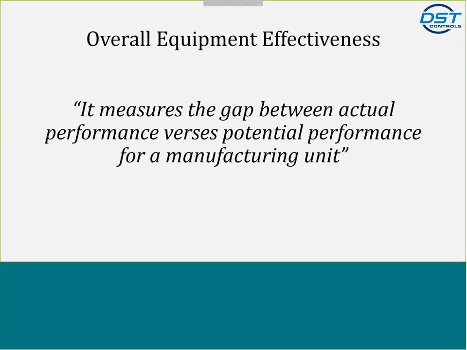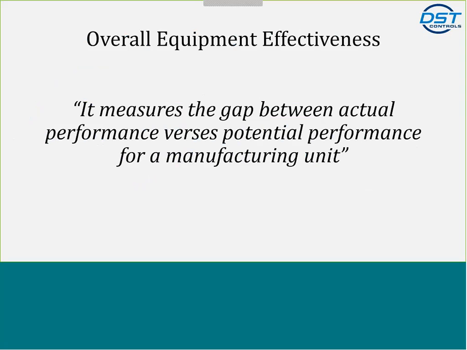Okay, so let's talk at a high level about what overall equipment effectiveness actually is and what we're trying to achieve with it. I pulled this off of Wikipedia, and I thought it was a really good, simple way to show conceptually what we're trying to do.